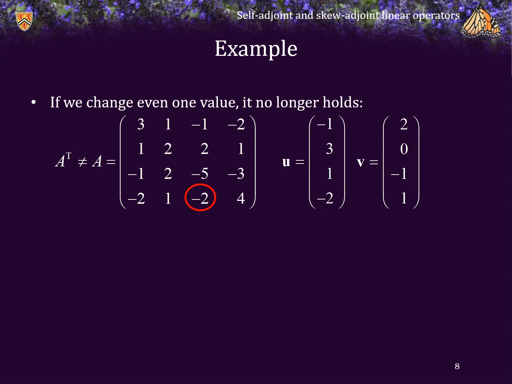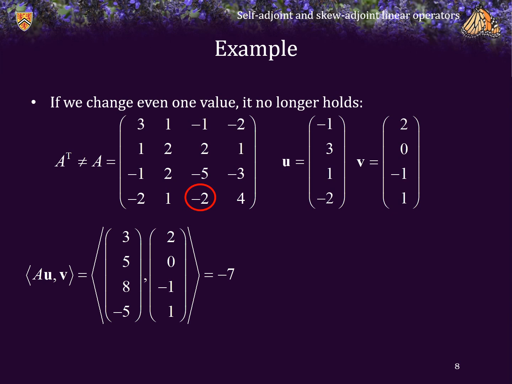Notice that if we change even one value in the matrix, it no longer holds in general that we can move the matrix over. So here, the matrix A is not equal to its transpose.